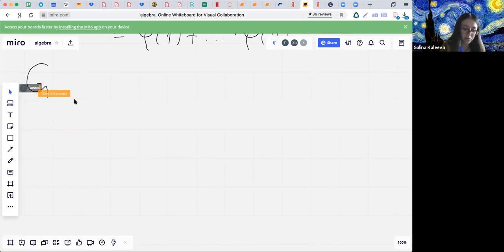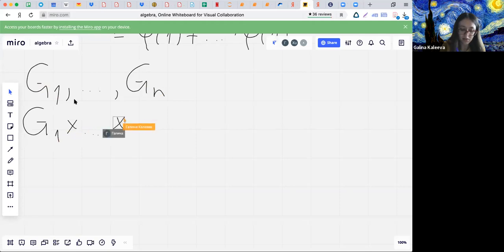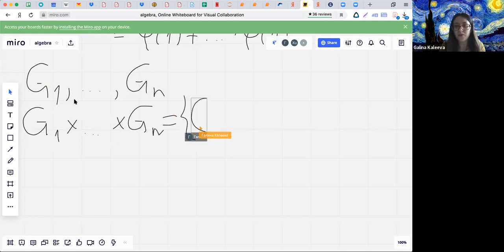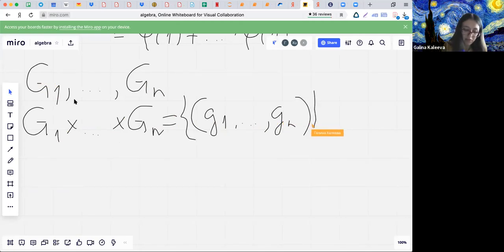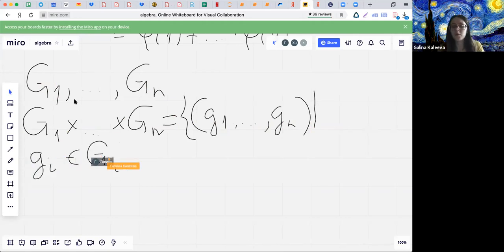Suppose I have two groups, not two, but n groups, G1, ..., Gn, and the direct product of these groups is a group consisting of all the elements of Cartesian product, which is a set of strings of length n, where every element belongs to its group. On the first place, there are elements of G1, on the second of G2, etc.